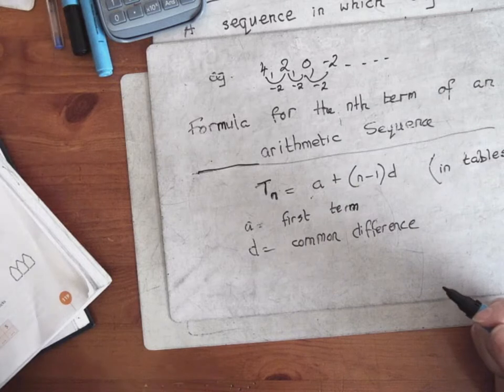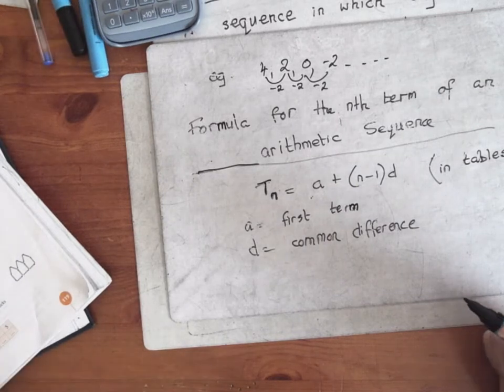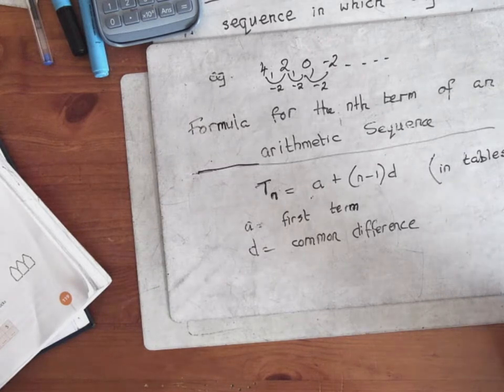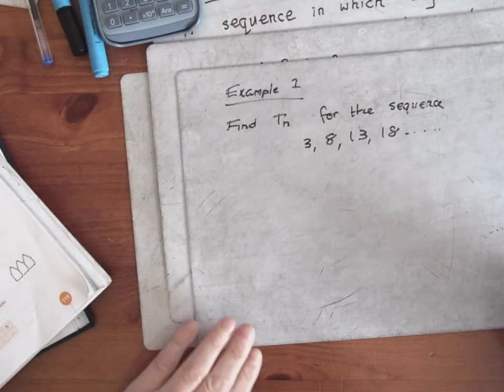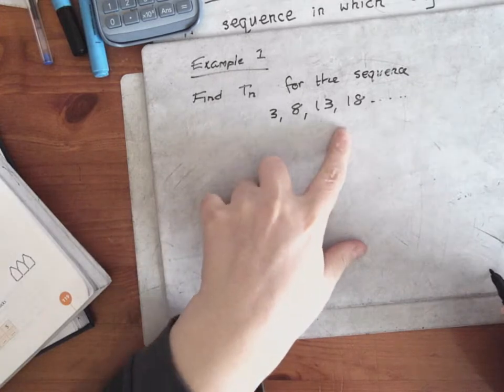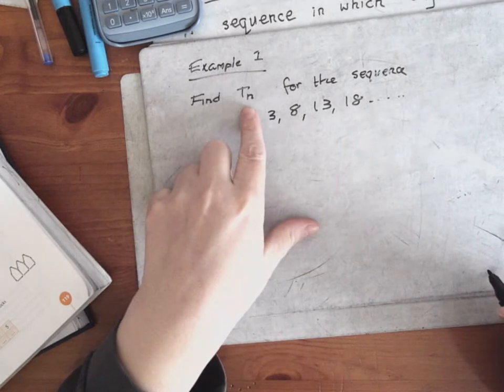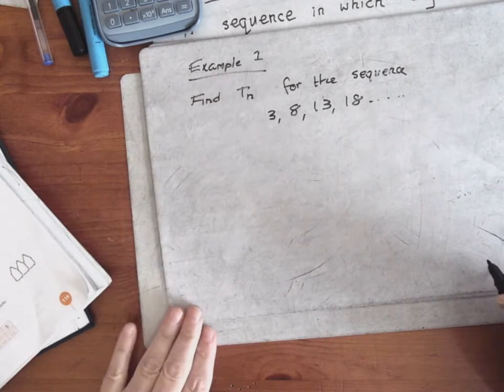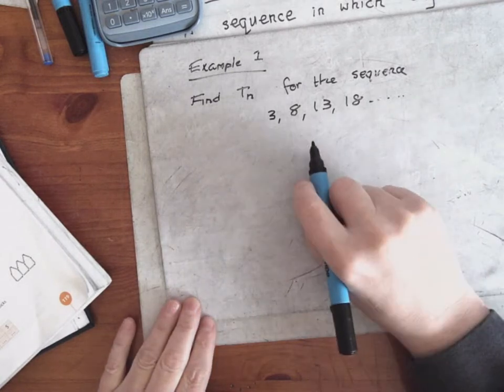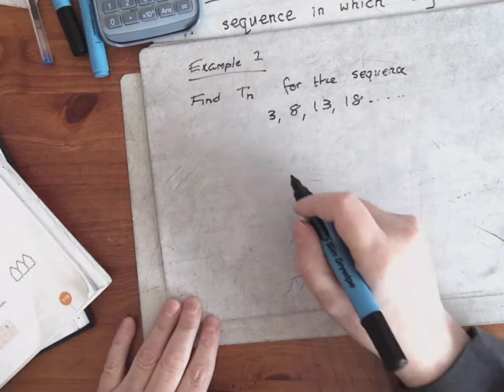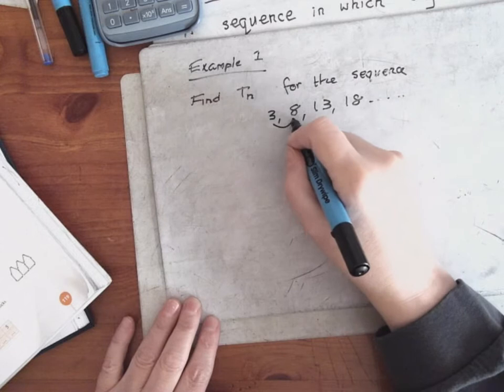Right, example 1. Can I go? Yeah. Example 1. So here's my sequence, and I want you to find the rule. Find Tn. Find the general term for the sequence 3, 8, 13, 18. So you have to say it's arithmetic first.